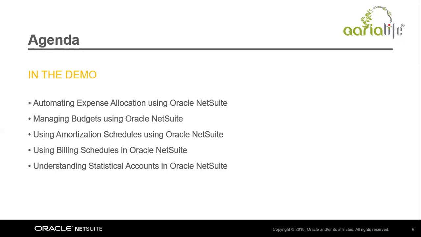The areas where we focus are how expense allocation can be done within NetSuite, how budget management happens, how we can have multiple budgets, how amortization schedules can be defined, and we would also look a bit at how billing schedules work in NetSuite, and then how statistical accounts actually work in NetSuite.